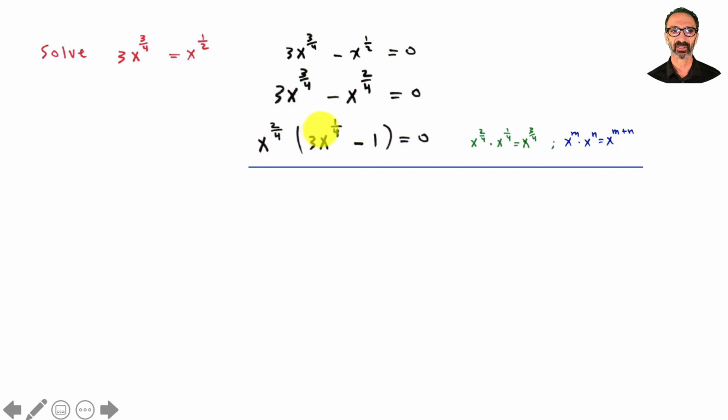So when you multiply these two terms, you add the exponents because of the same base, and it will take you back to 3/4. And now when you take this out as a common factor, that leaves you with 1 inside. Now the zero product principle says a times b equals 0. That means either a is 0 or b is 0. So we're going to apply it.